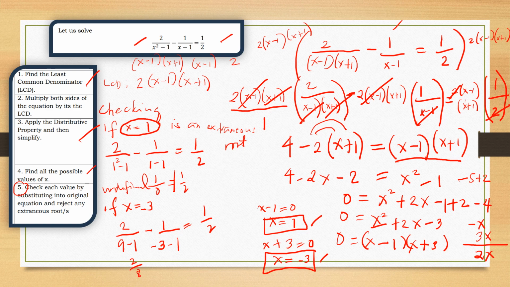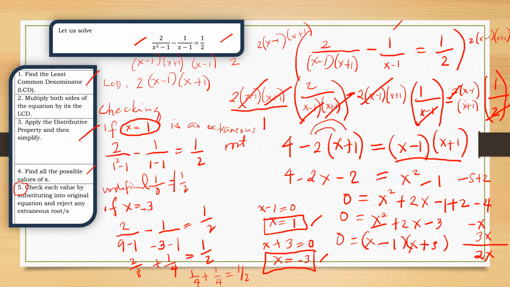Kasi ito magiging negative 4, itong nasa baba. Negative 3 minus 1 is negative 4. Negative 1 over negative 4 is positive 1/4. Equals 1 half. Pag sinimplify mo tong 2/8, that's also 1/4. 1/4 plus 1/4 equals 1 half.